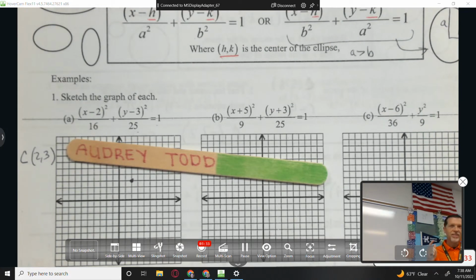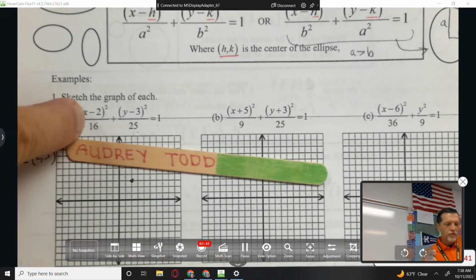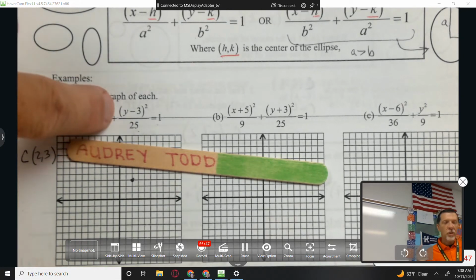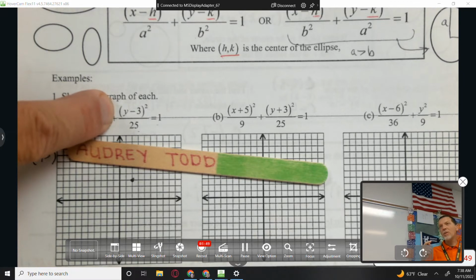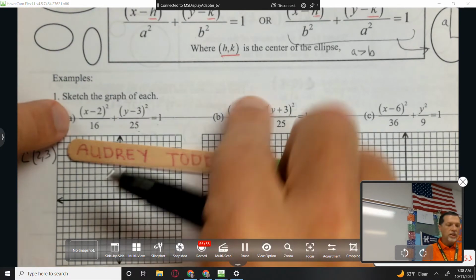4 and 5. Well, careful, you answered two questions there. Left and right, we should go 4. What do we do with the 5? Go left 5? 5 is under the y. Which direction does y go? Up. Yeah, up and down. So we'll go left and right 4.